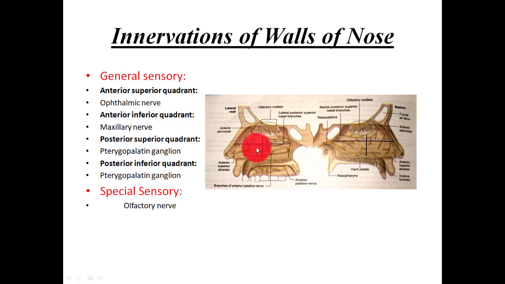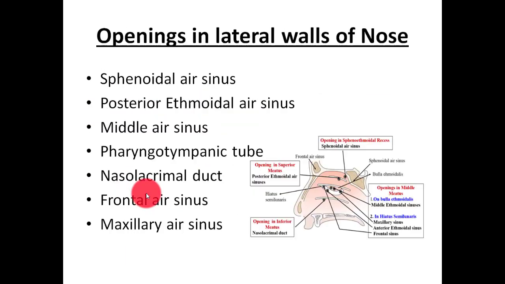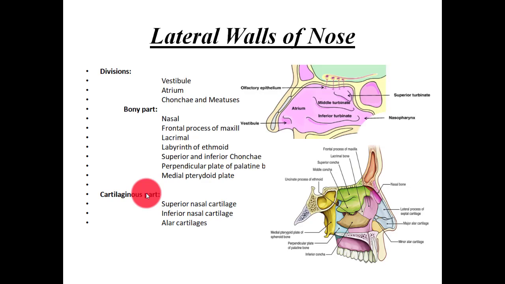So these were the quadrants and the innervation. Special sensory innervation is by the olfactory nerve. So this was about the lateral walls of the nose.